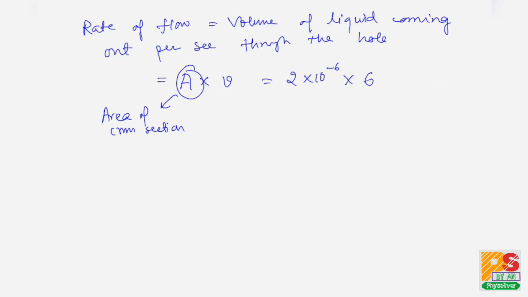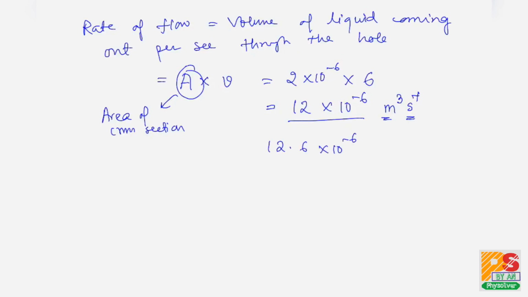So, the answer should be nearly 12 into 10 to the power minus 6 meter cube per second, that is volume per unit time. Now, only one option is near to this. So, option 3 is correct, which is 12.6 into 10 to the power minus 6.